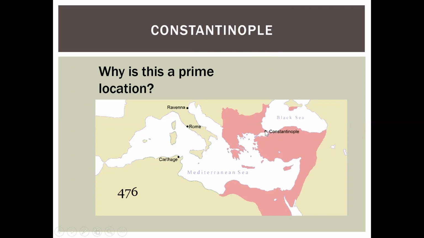The capital of Constantinople is a key trading location, connecting the Black Sea to the Eastern Mediterranean, connecting Europe to Asia. And it's one of the most important cities in the world.